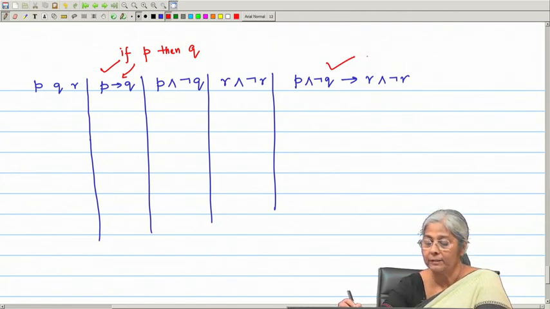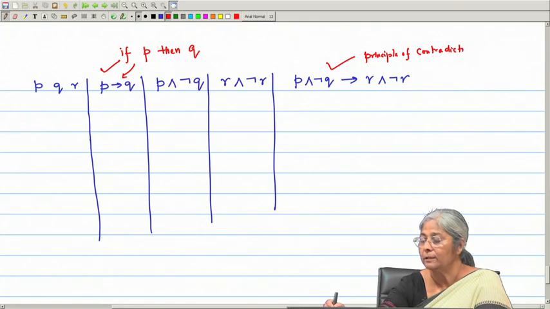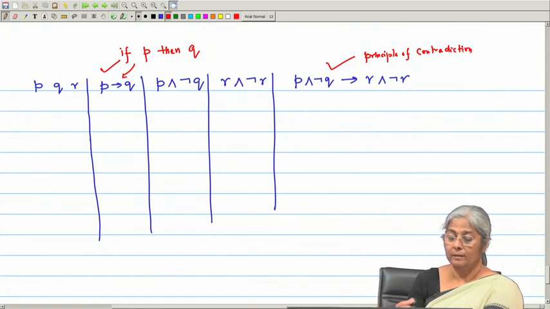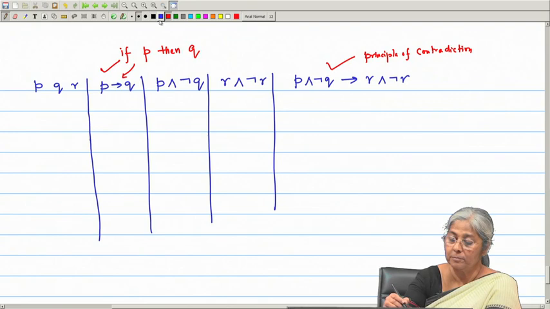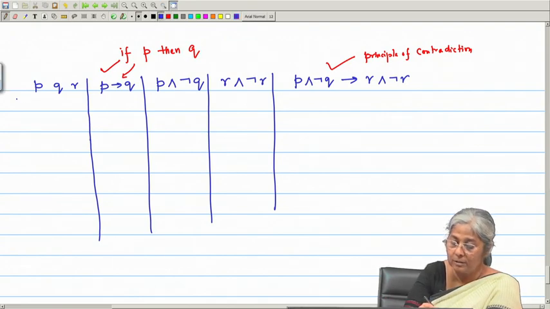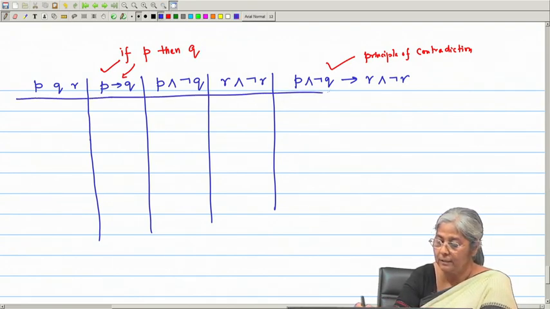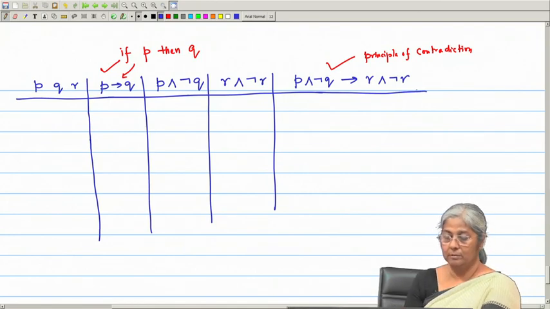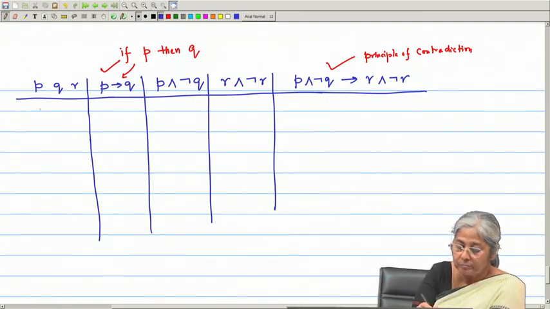I write this as my principle of contradiction. So, first I show whether this method is correct, the way we are applying the principle of contradiction.